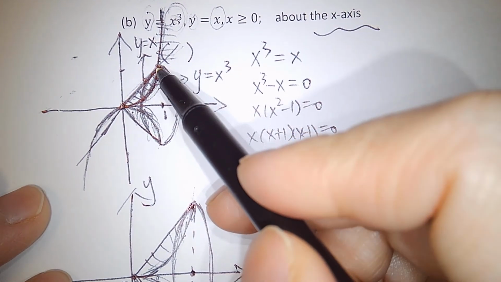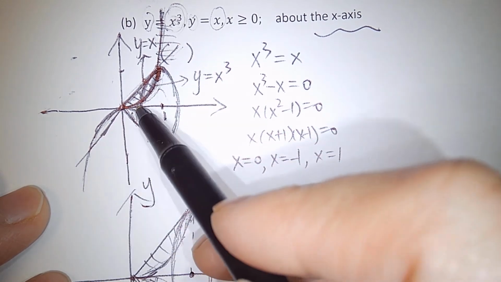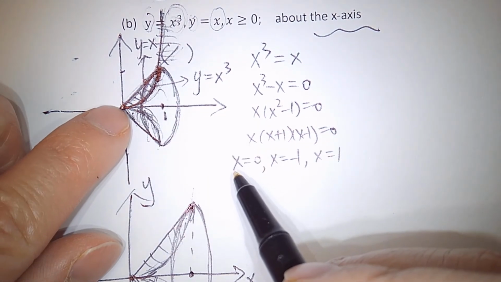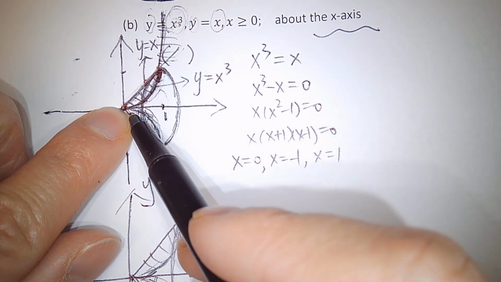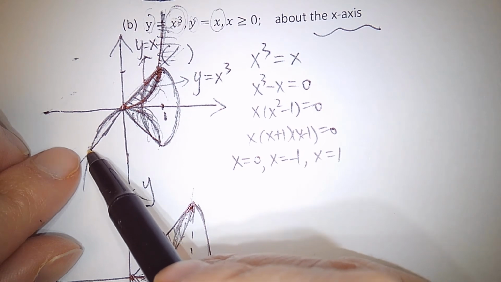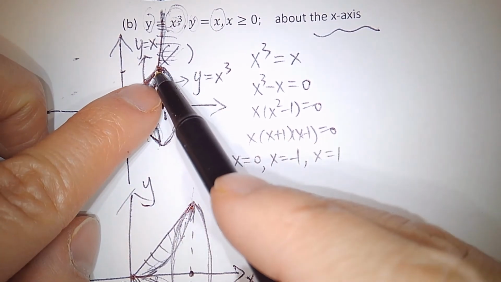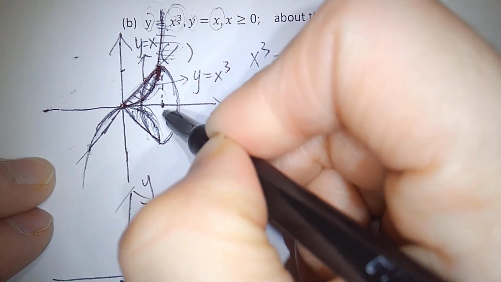This means the two curves intersect when x equals 0, negative 1, and positive 1, yes. So that means this is 1, okay?